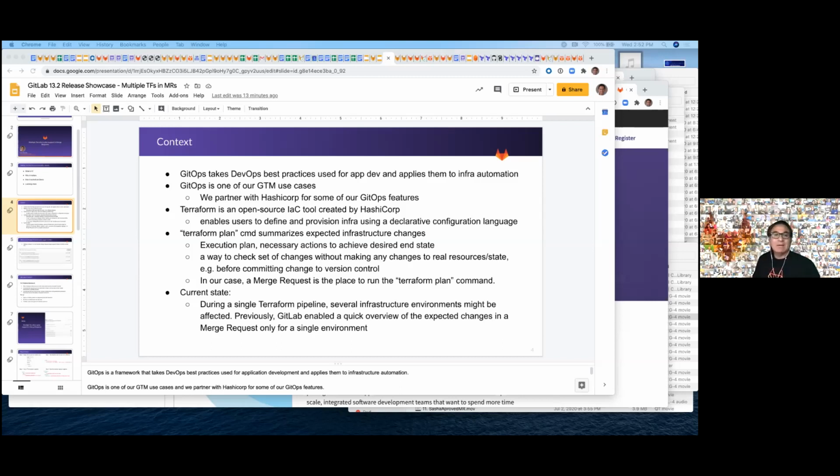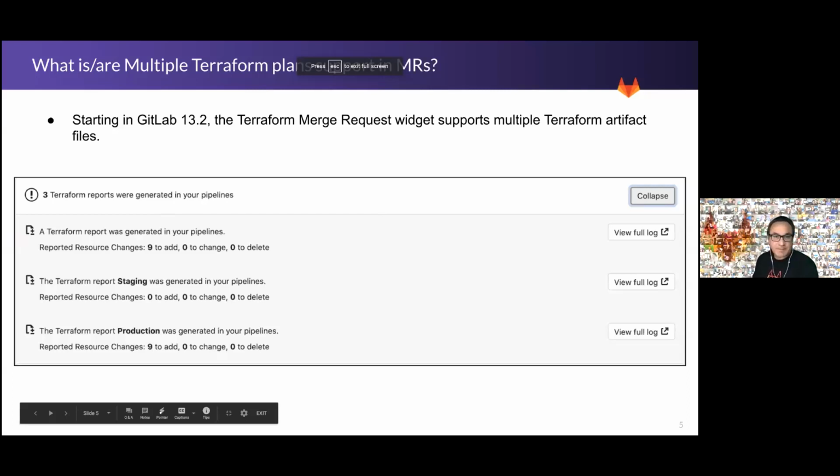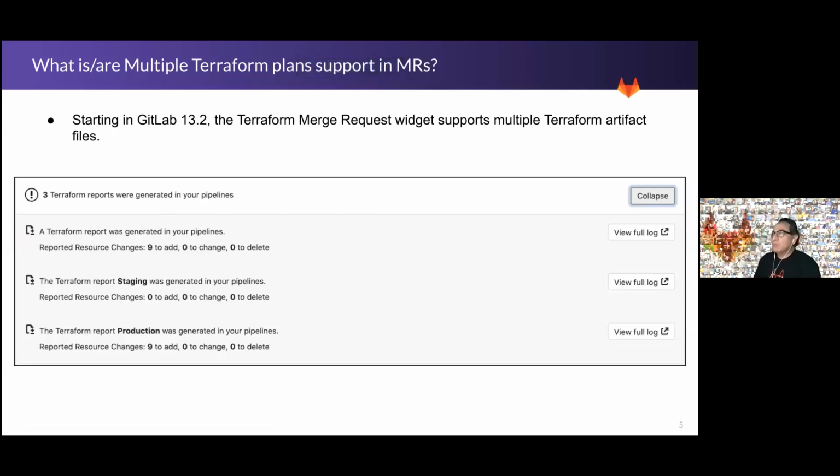only the plan output for a single environment could be displayed as an artifact in an MR. So with 13.2, the MR widget now supports multiple Terraform artifacts files for multiple environments.